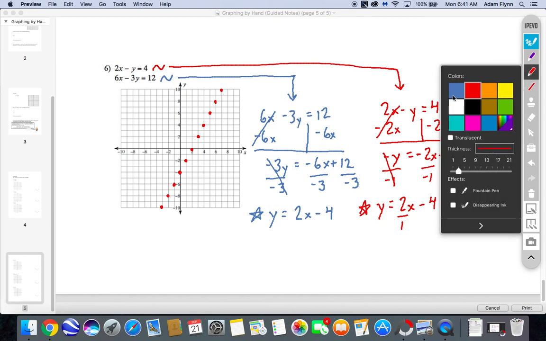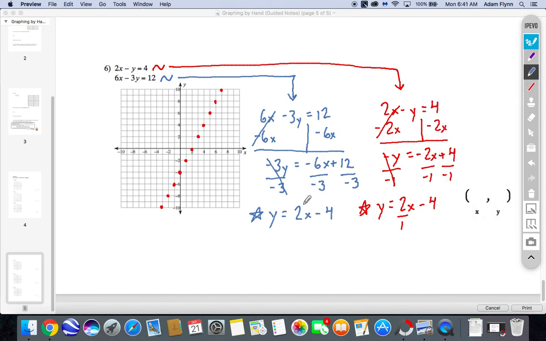And for my blue line, I'll start at my y-intercept, which is negative 4. And my slope is 2, which is the same thing as 2 over 1. So it turns out that these two lines, even though they were written in the same form, they're actually the same exact line.